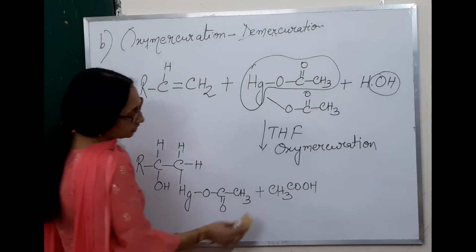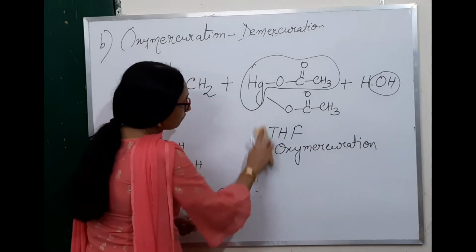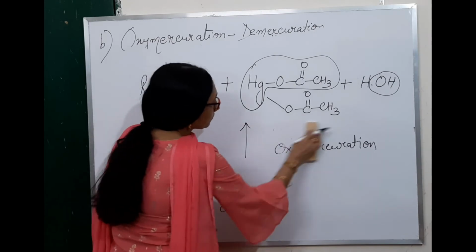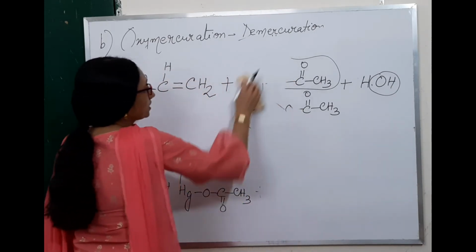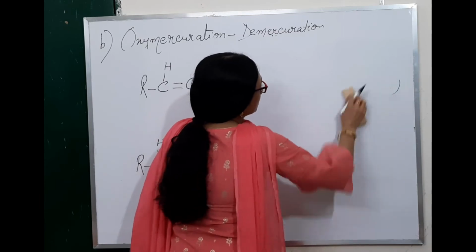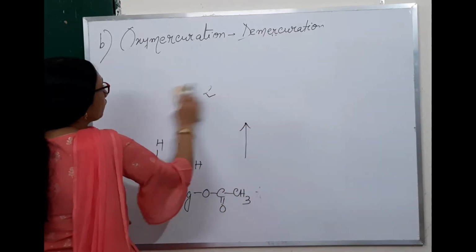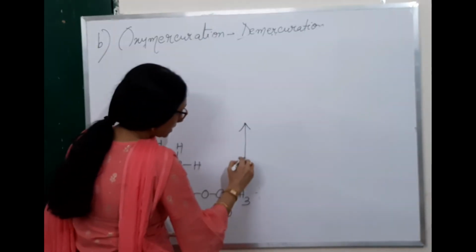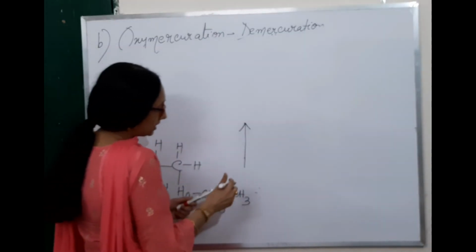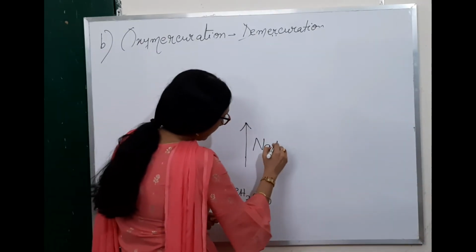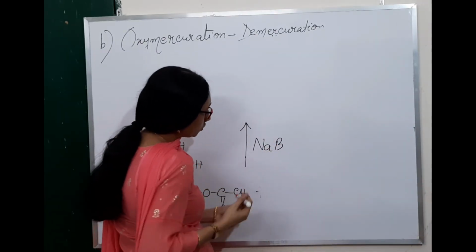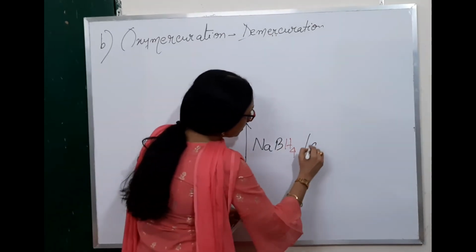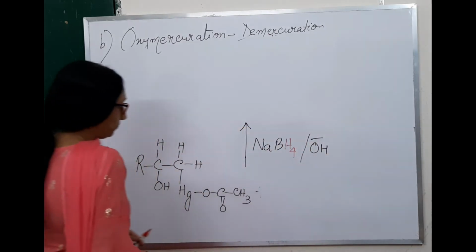Now the product formed in the first step is treated with reducing agent NaBH4, that is sodium borohydride. So this compound is treated with NaBH4. And what is the medium? The medium is alkaline medium.